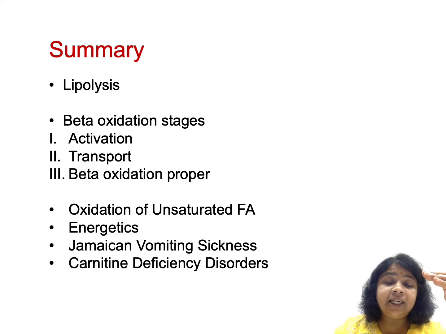We also looked at how fatty acid oxidation happens in unsaturated and polyunsaturated fatty acids. We looked at Jamaican vomiting sickness and we have looked at the energetics of beta oxidation.